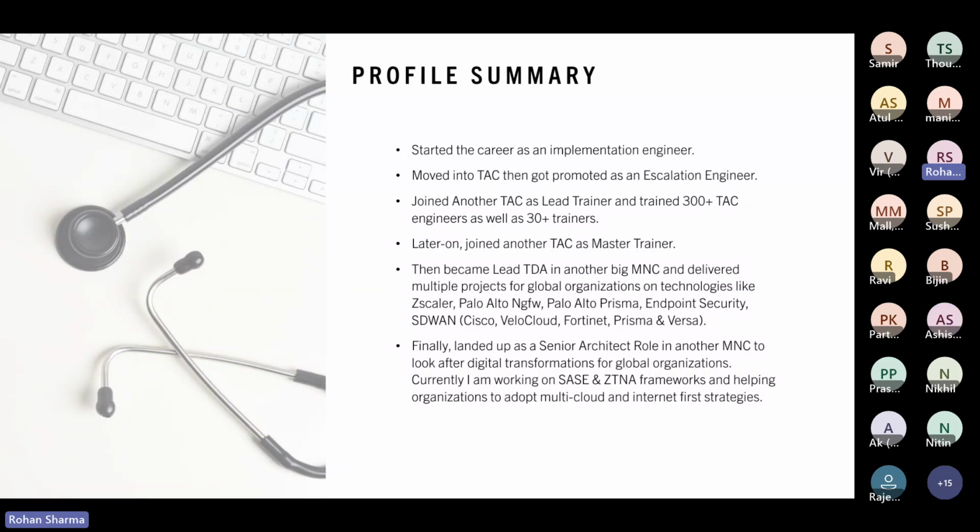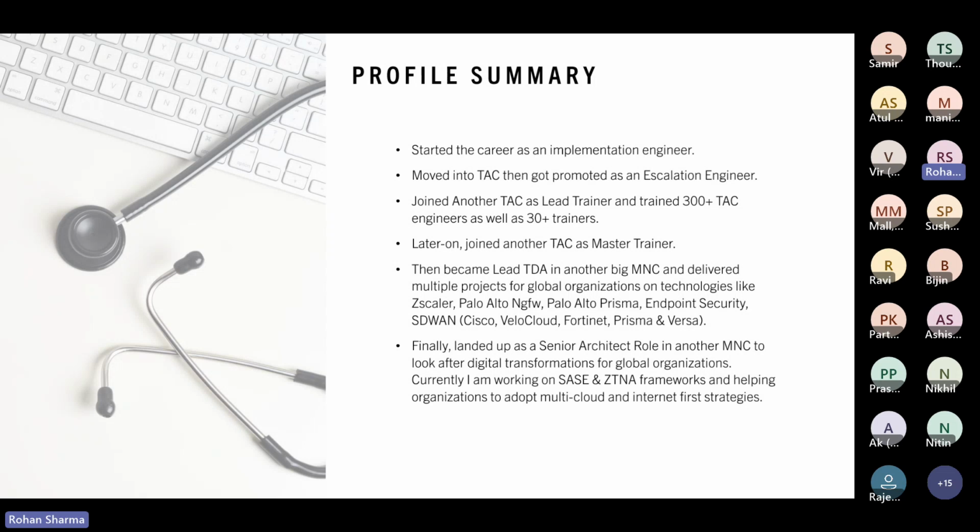On technologies like Zscaler, Palo Alto Prisma, next generation firewalls, endpoint security, SD-WAN, Cisco VeloCloud, Fortinet, Prisma, and Versa, right? And finally, I have become a senior architect, and I'm looking after the digital transformations for global organizations, right? So basically, I'm helping organizations to adopt the SASE and ZTNA frameworks, along with multi-cloud and internet-first strategies, because this is the goal for organizations going forward, be it India, be it outside, right?